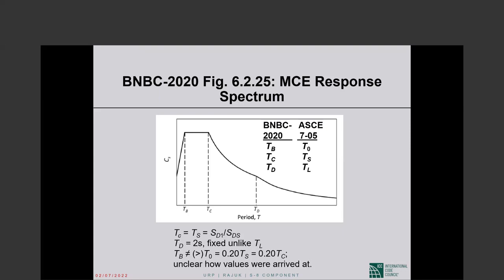Okay, it's time, I think, so I'll start. This is the BNBC spectrum that I have shown you.